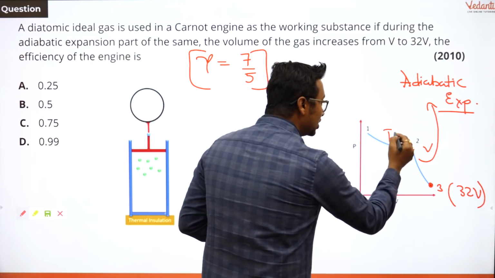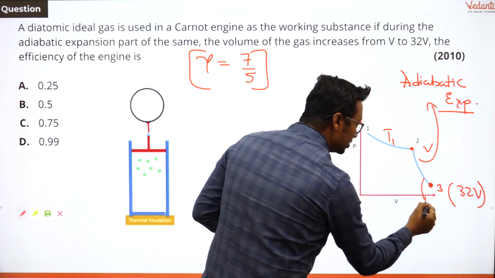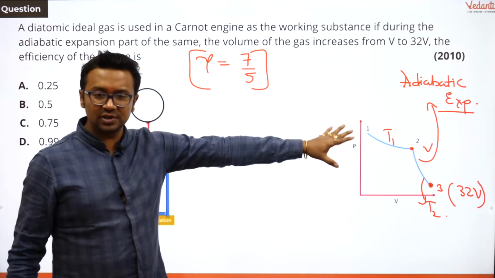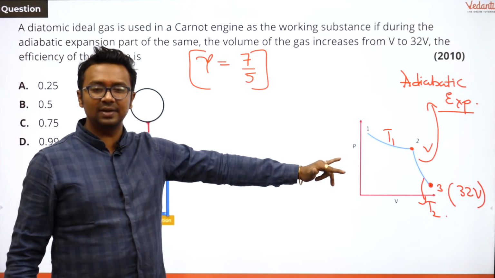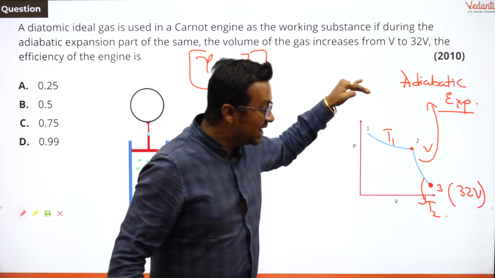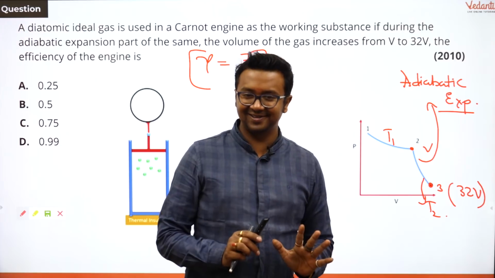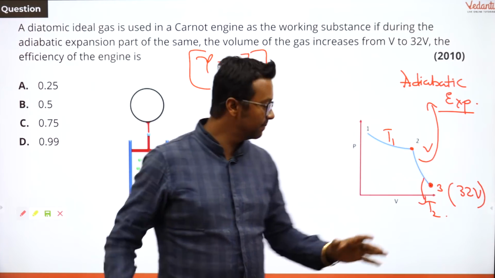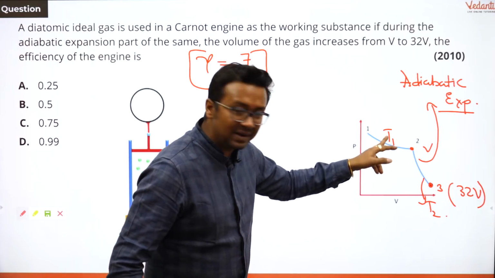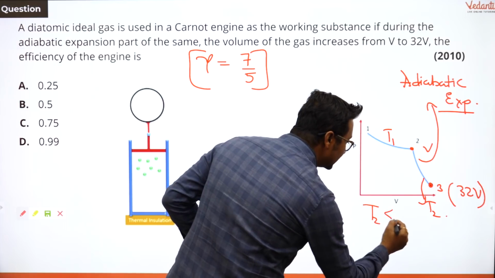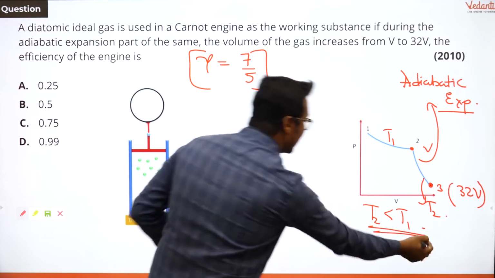This was at a temperature T1, let's say this one is at a temperature T2. Students, can I compare which one is going to be at a higher temperature and which one at a lower temperature? It's very simple to understand. Look, adiabatic expansion causes cooling. We have studied the tire bursting example, adiabatic expansion. It causes cooling. So that means T2 is going to be less than T1. Simple idea.